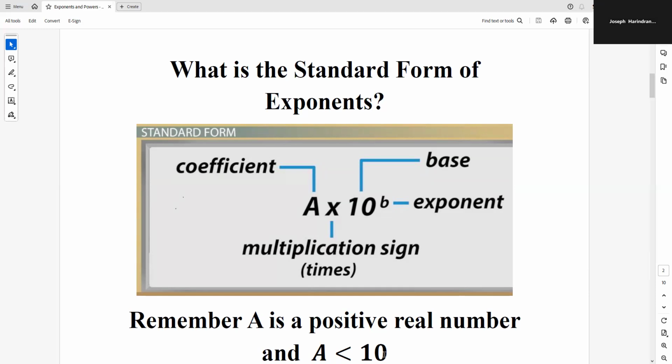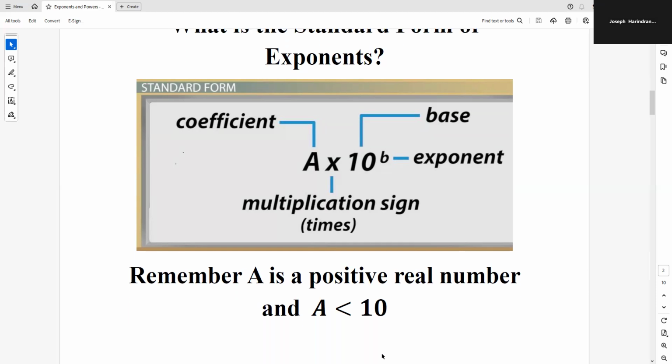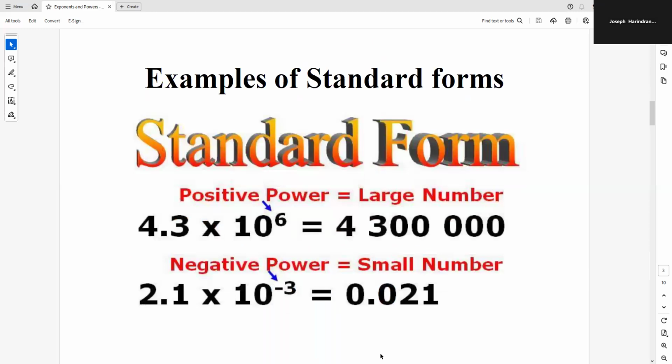Let us see some examples of standard forms of large numbers or small numbers. Let us see a positive power. Positive power means a very large number.